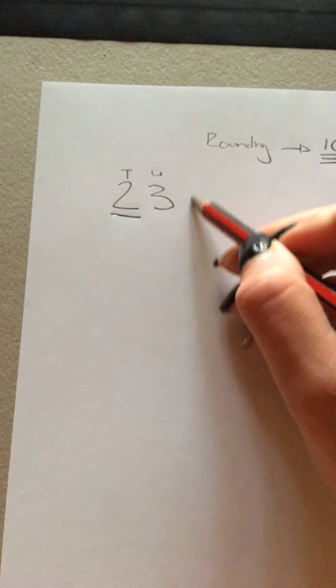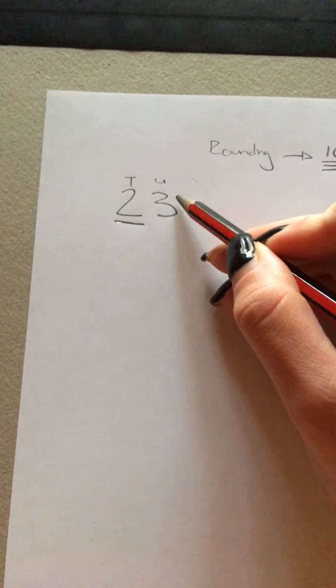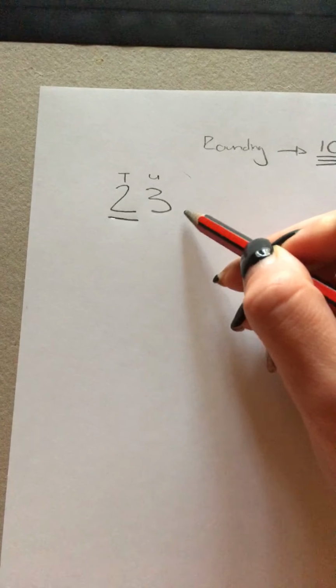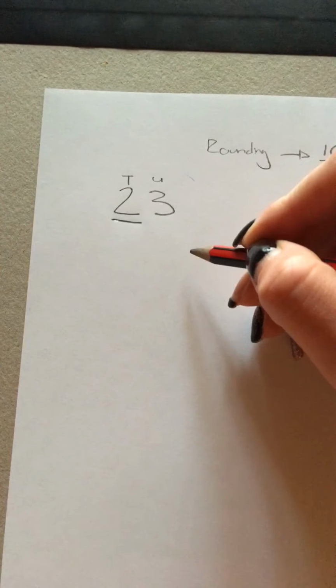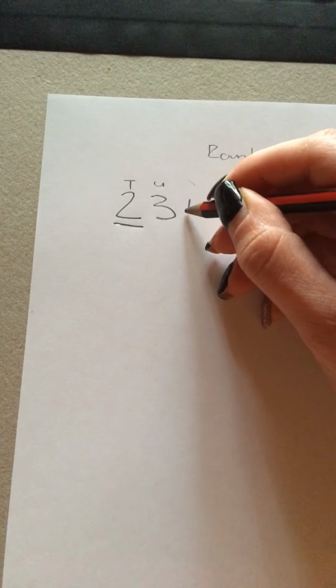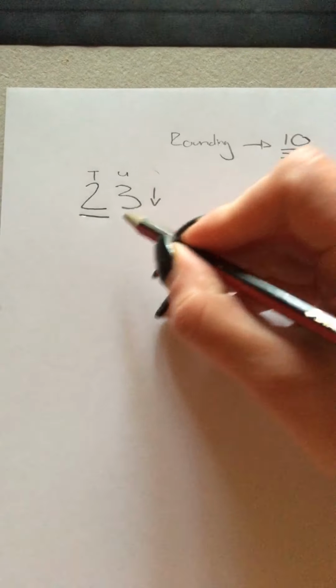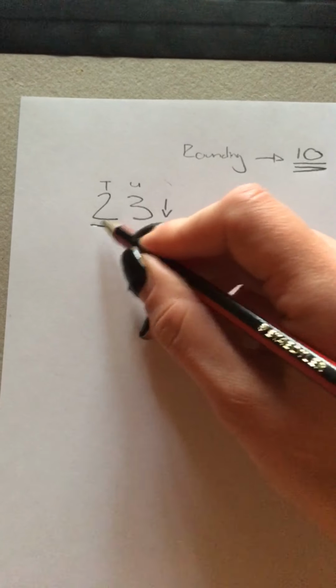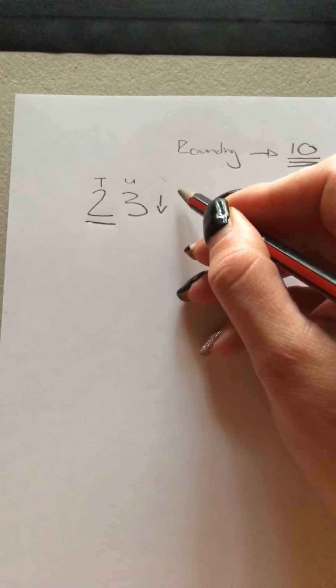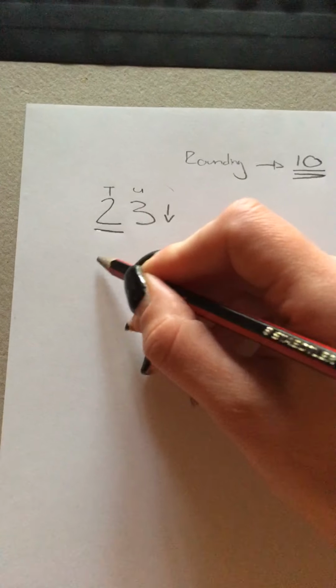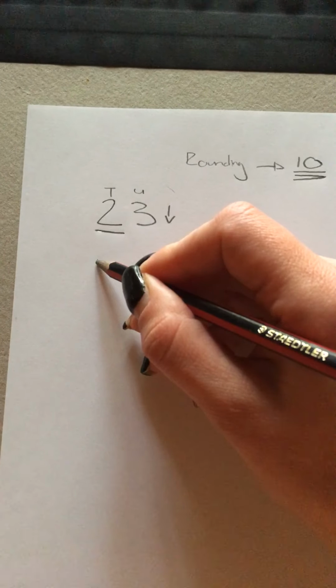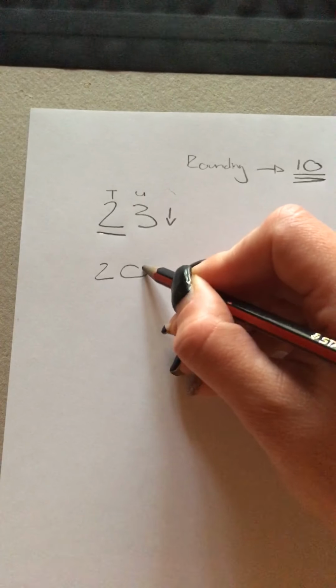Then you look at your unit. Is it a strong or weak number? Are we rounding up or down? In this case, we are rounding down because it is a weak number, which means the 10 does not change. Anytime you round down, the 10 does not change, so the unit becomes a 0.